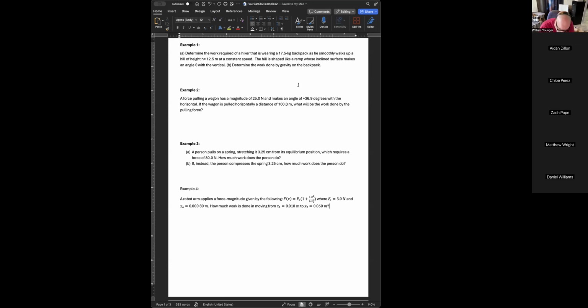So I'm going to draw the actual incline so that you'll have some understanding of what I mean about theta with respect to the vertical. I'll draw the height on this figure as well, and what you'll see is a person carrying a backpack.